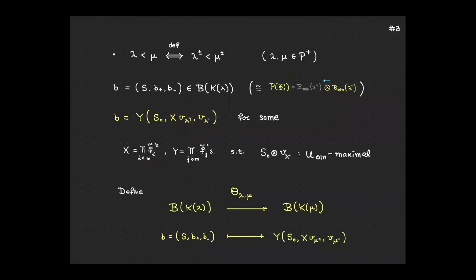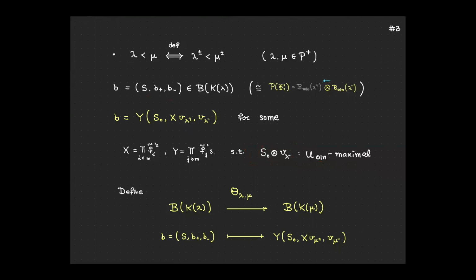Anyway, it is still a crystal over the usual simple Lie algebra, so it can be written like this. So this is a 0n maximal weight vector or element. Then there is an operator y, which gives this pair.